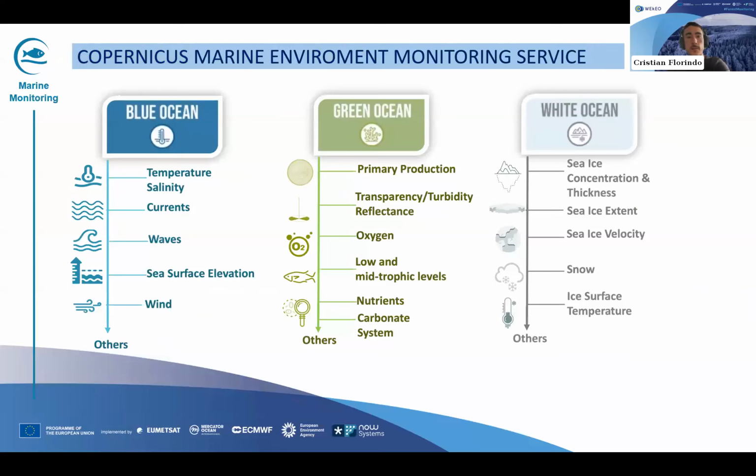Then we've got the Copernicus Marine Environment Monitoring Service, which has a full range of variables and data sets covering all aspects of the ocean, from the blue ocean, more on the physics, like temperatures, currents, ocean circulation, but also the green ocean, or anything to do with biogeochemistry, primary production, oxygen, nutrients, etc. And of course, the white ocean, or anything to do with the cryosphere, sea ice and snow.